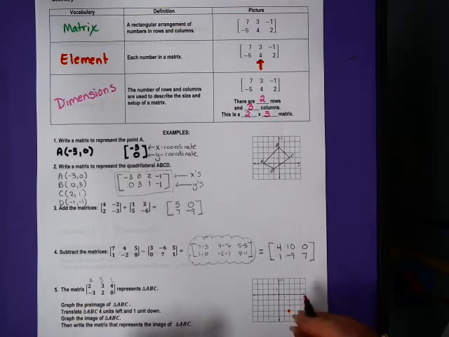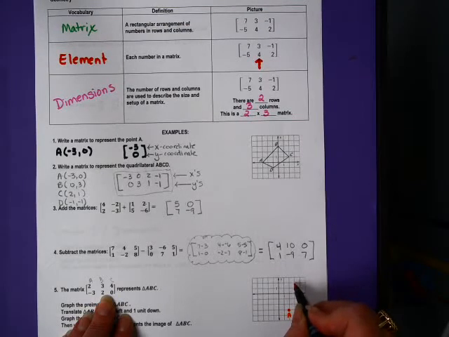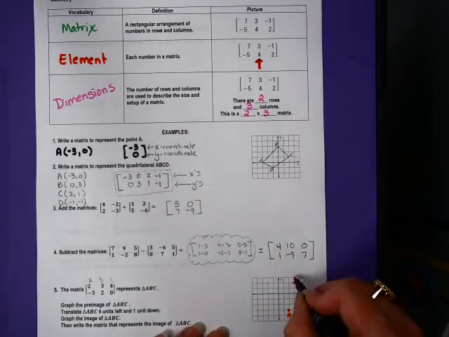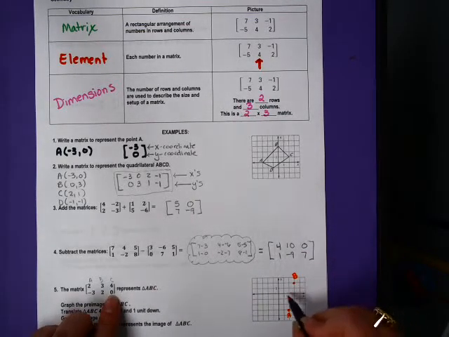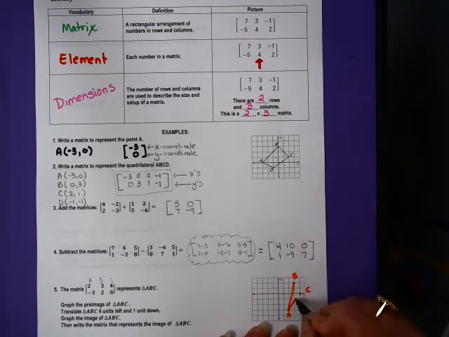There's my A. 3, 2, there's my B, and 4, 0. There's my C. I'm going to use solid lines to connect these dots because this is the pre-image, so this is the original.